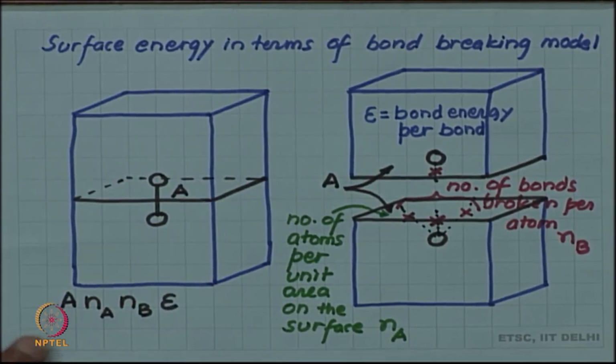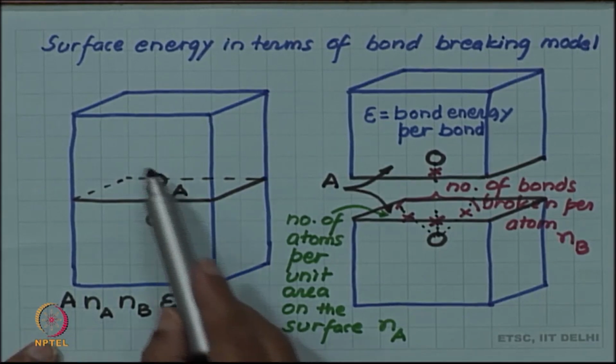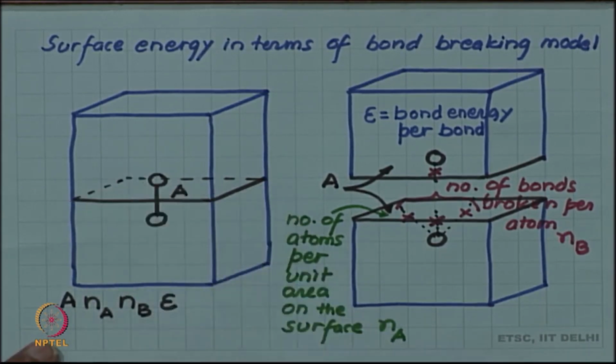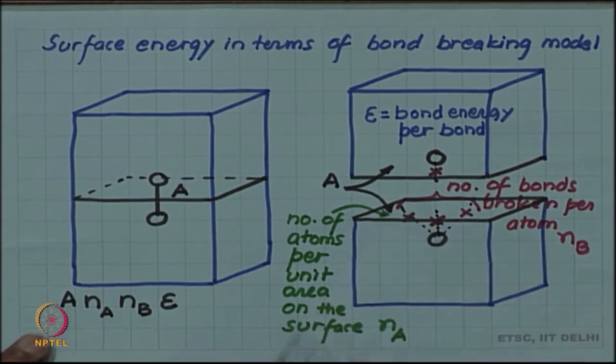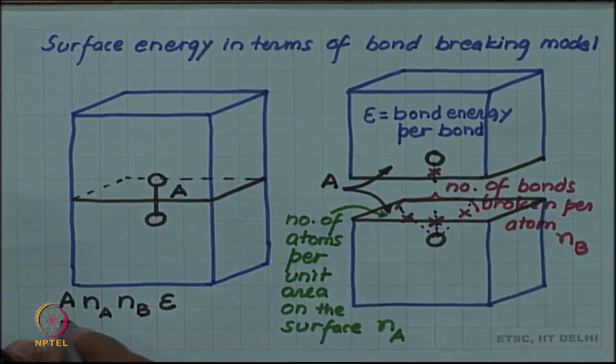So, I have supplied this much energy to break all the bonds over this area, but since I have to find the surface energy per unit area, I divide it by the area created, which is 2A.